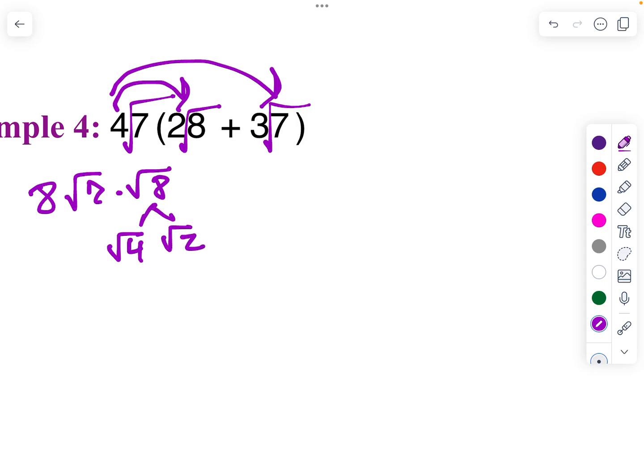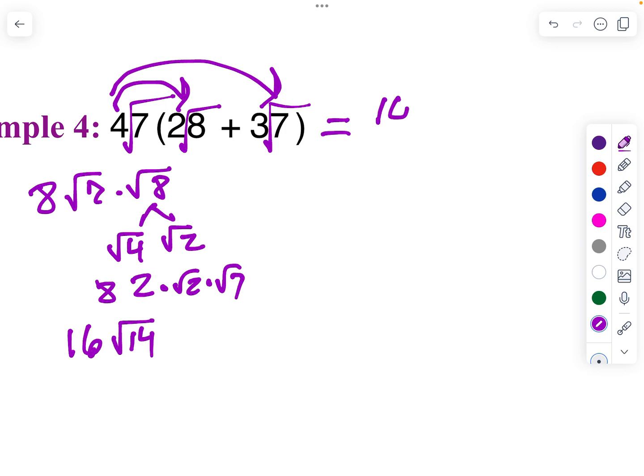So the square root of 8 is 2 square roots of 2. And so I got 8 times 2 times the square root of 2 times the square root of 7 from my first term. 8 times 2 is 16. 2 times 7 is 14. Seems like you could simplify that, but it doesn't. It's 16 square roots of 14.